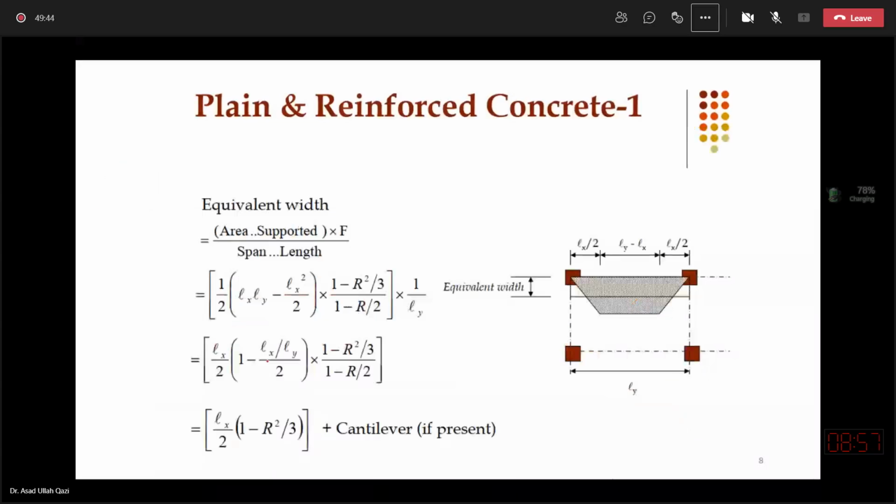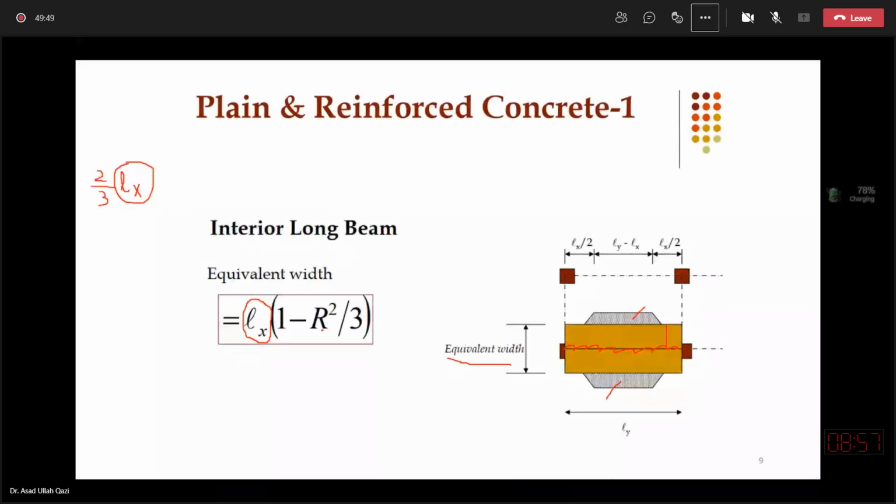In this final equation of equivalent width, R is actually the aspect ratio, and don't forget that here R is shorter over longer span. I mentioned that to decide one-way or two-way slab, you can divide longer over shorter, and check if it is less than or greater than 2.